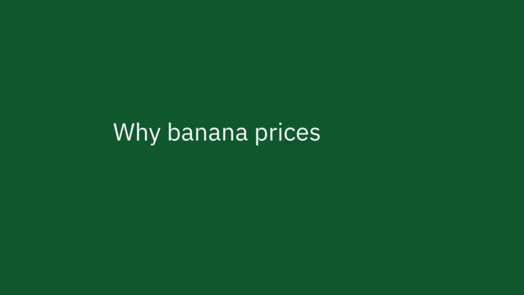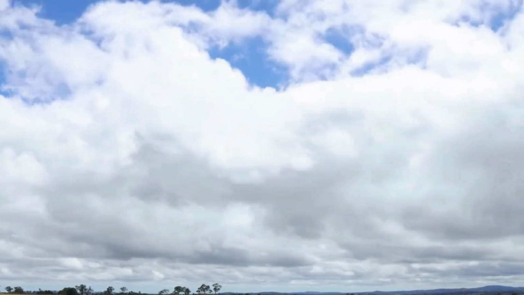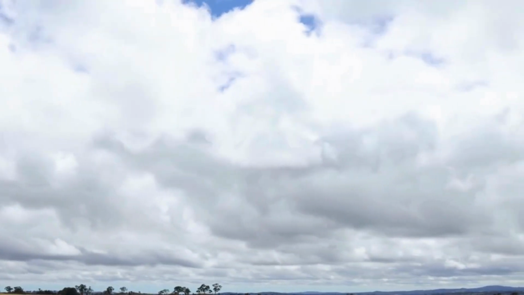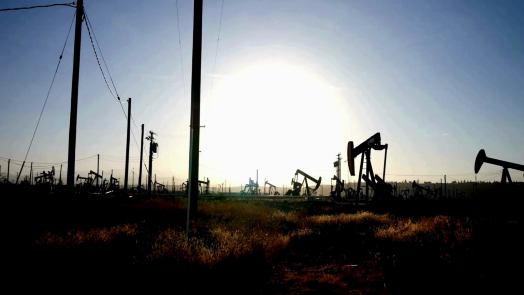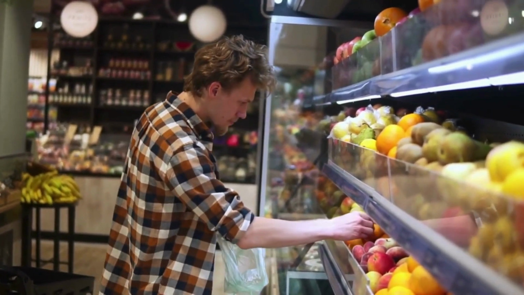Why banana prices go wild? Volatility. So, why do our banana prices seem to change so much, sometimes overnight? Headline stories. What if there is a hurricane hitting a major banana farm? Suddenly fewer bananas, prices jump.